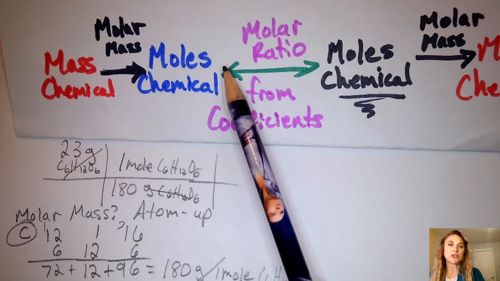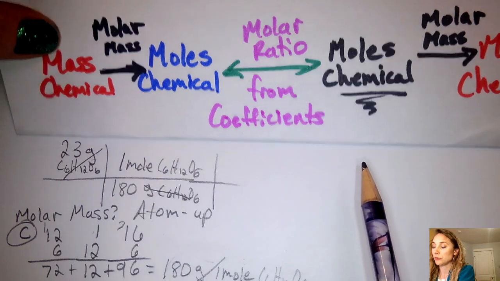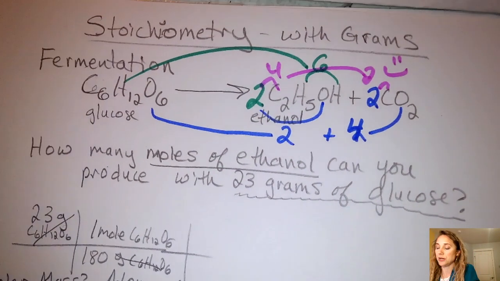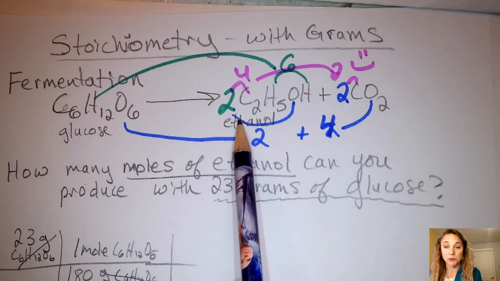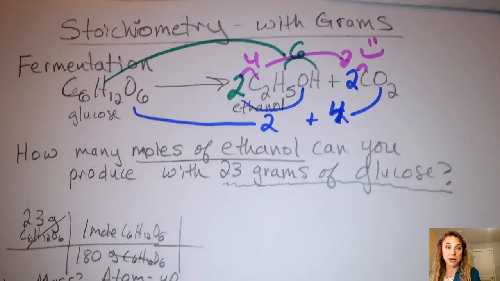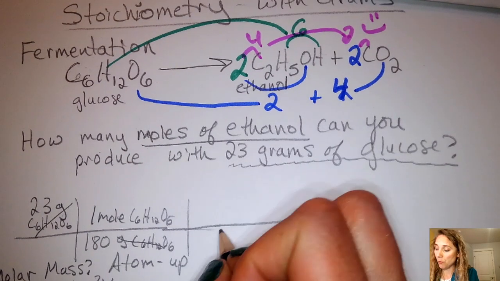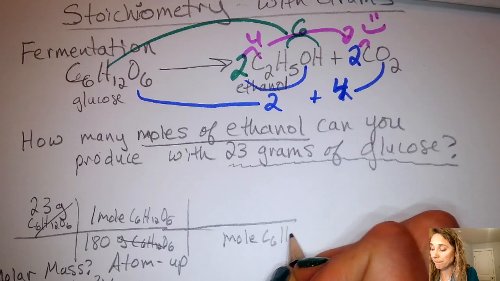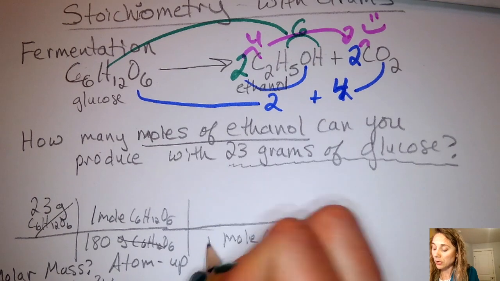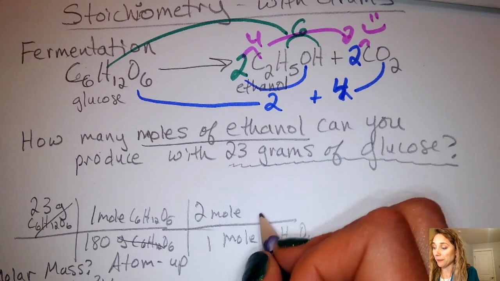So we need the molar ratio from our equation of the coefficients of the glucose to ethanol. As you can see here, 1 mole of glucose will produce 2 moles of ethanol. Okay, so we have to put that into our little equation right here. Put the moles of glucose, which happens to be 1, here, and then the moles of ethanol at the top, right?